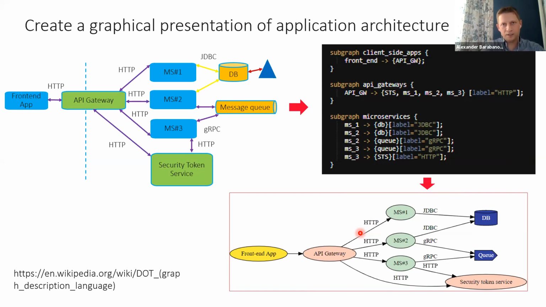So again, it is more useful to use architecture as a code approach and create some graphical presentation of application architecture using some languages. And I should mention that languages also can visualize your application architecture and get some beautiful image.